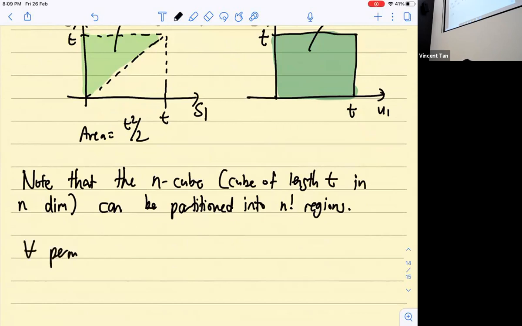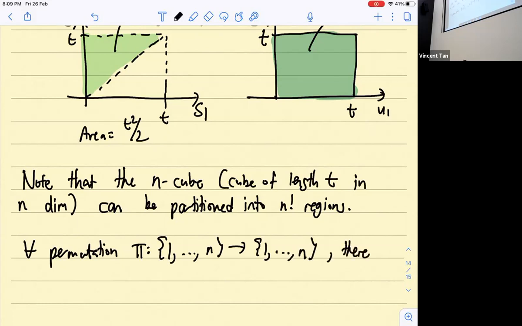For every permutation pi, a permutation is basically a bijective map from these integers to these integers here. For every permutation, there is a region associated with it.